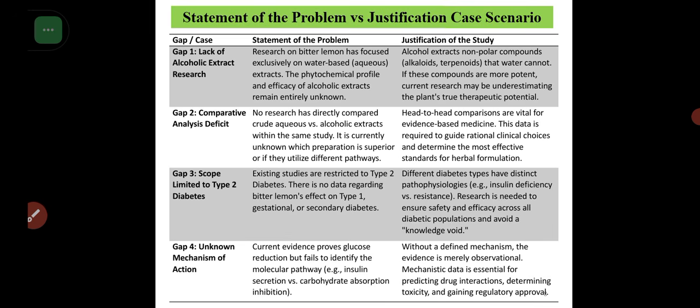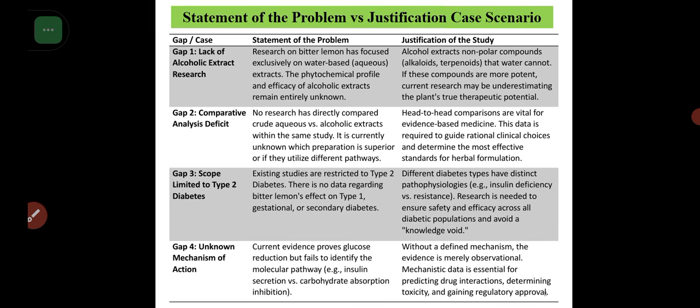Justification: head-to-head comparisons are vital for evidence-based medicine. This data is required to guide rational clinical choices and determine the most effective standard for herbal formulation.